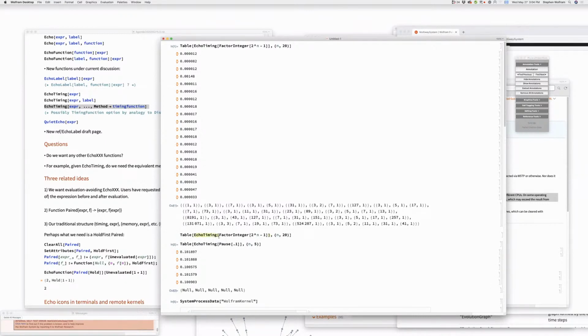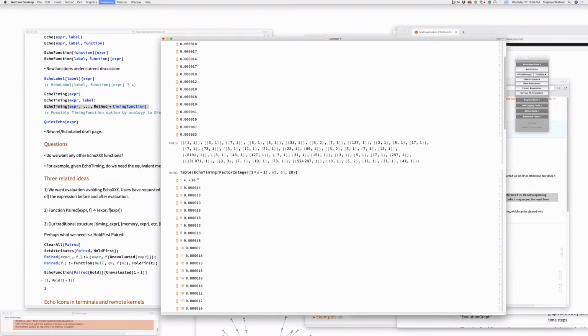Yes, it's the second argument of echo timing. I see. So I could put an N there. Yeah. That's interesting. That's nice.